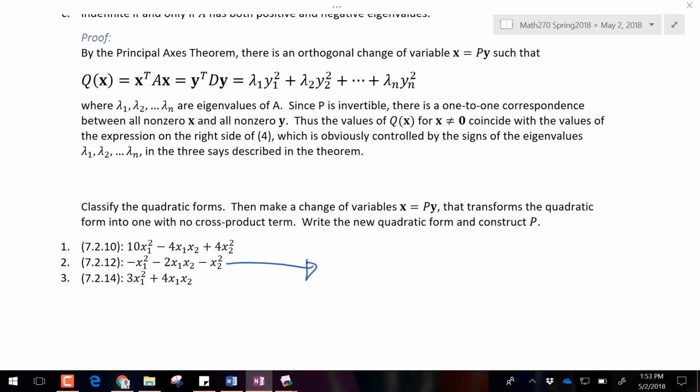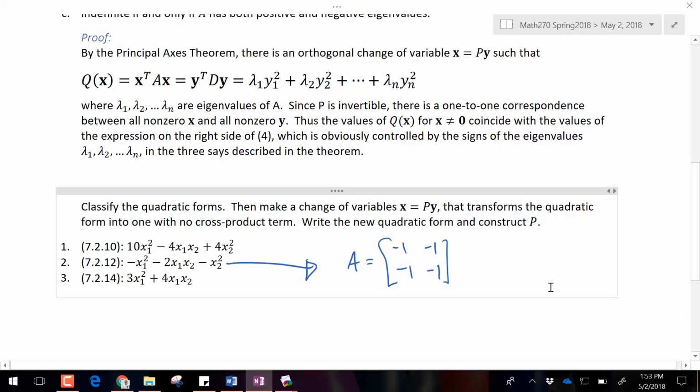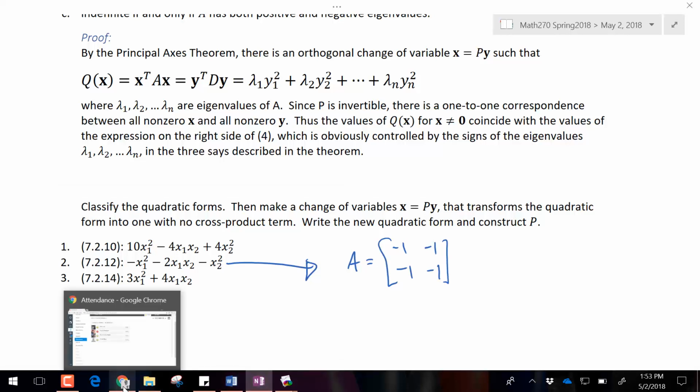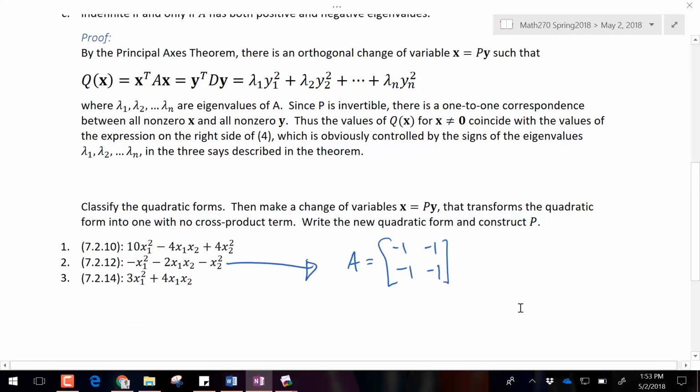So what this quadratic form might look like: we have a negative x squared. So our original matrix A should equal -1, -1, -1, and -1 again. Oh, wow. So let's find the eigenvalues. I know this is easy enough to do.